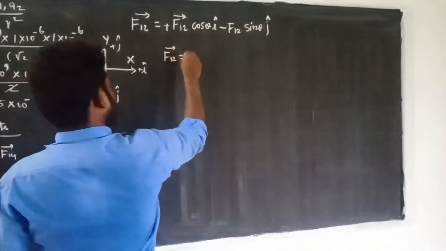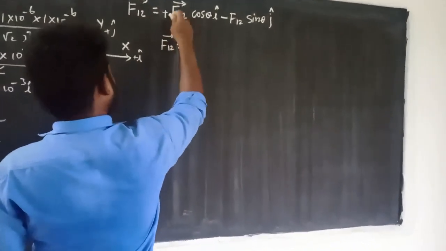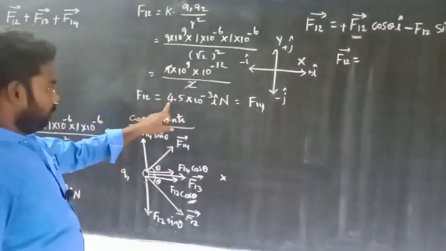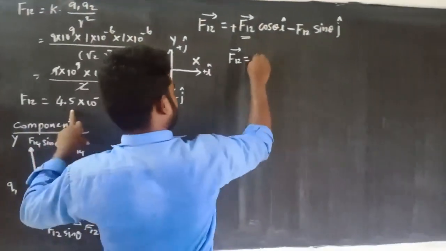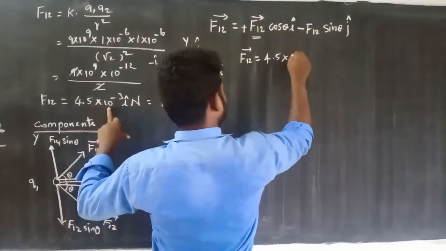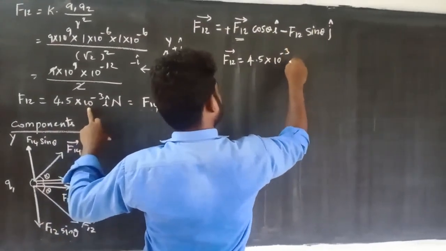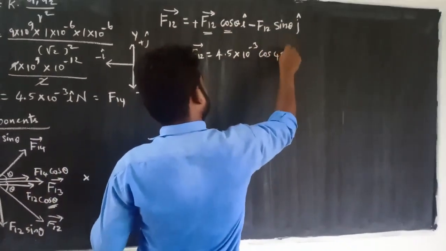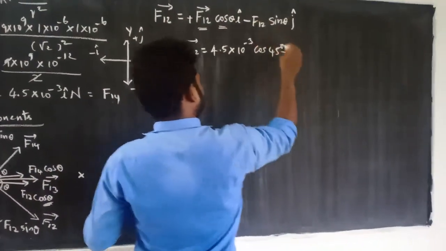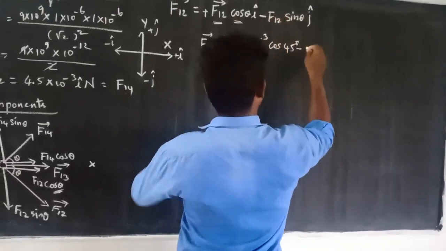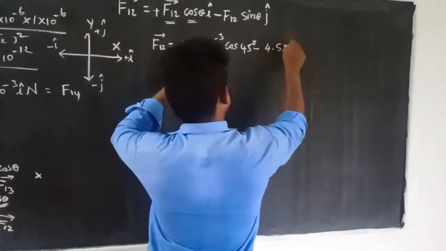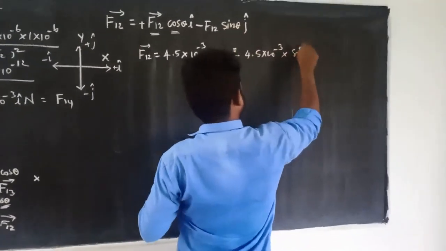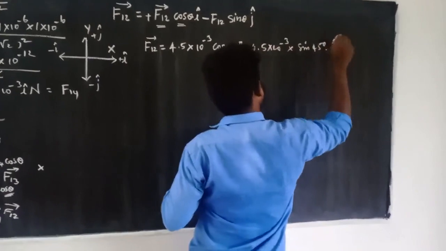We can put the values here. F12 vector is equal to 4.5 into 10 to the power of minus 3 into cos 45 degree minus 4.5 into 10 to the power of minus 3 into sin 45 degree j cap.